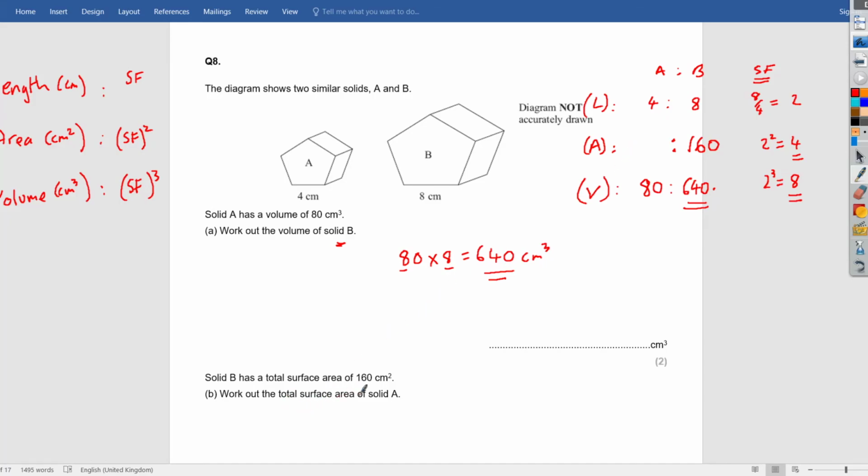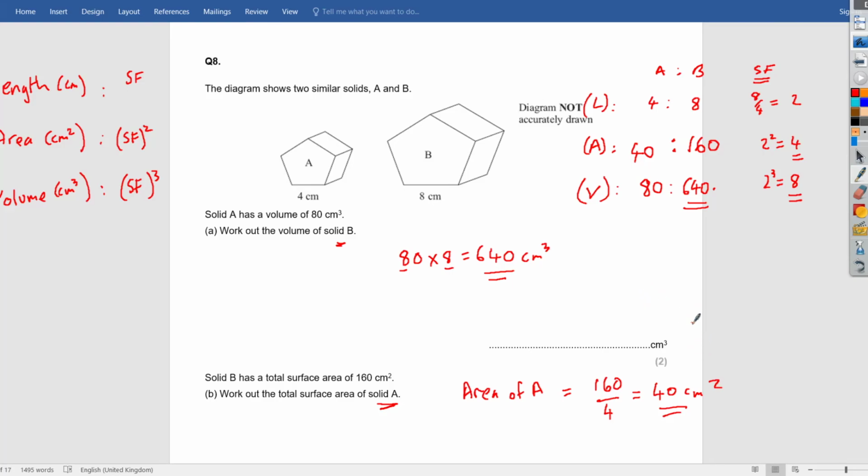So when it asks to work out the total surface area of my solid A, I'm going reverse of timesing, which is dividing. So my area of A is going to equal 160 divided by my scale factor, which is 4. 4 into 16 is 4, put the 0 at the end, that will be 40 centimeters squared. So the surface area for solid A is going to equal 40, since 40 times 4 will give me 160.